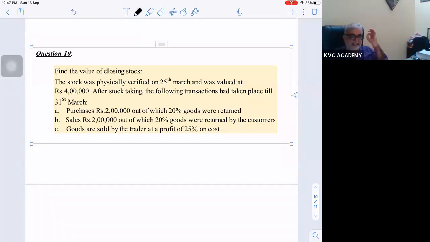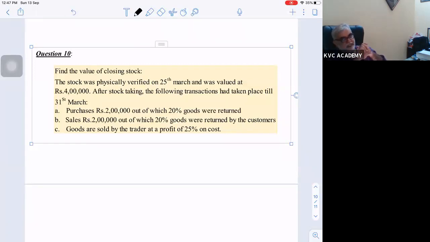Now this is a very simple sum. We have to go by common sense. On 25th March, I found the stock to be 4 lakh. I want the stock as on 31st of March. So 4 lakh plus 2 lakh, because I have purchased these goods and I am hoping that the purchase return happened before 31st of March itself.